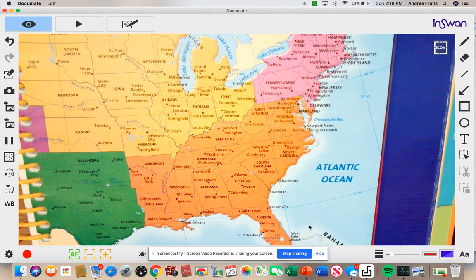Then we have lines of longitude. Longitude is long, and they go up and down, or north-south. Latitude and longitude are measured in degrees, and it is degrees north and south from the equator. The equator is 0 degrees, and if you're going up or north, that would be measured in degrees north.